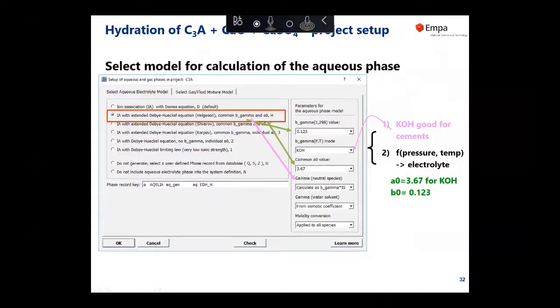Basically, this is an activity model originally developed by Helgeson, which is implemented in GEMS, and it's well adequate for cement. And I recommend you to always use this setup, except if you have a good reason not to use that.